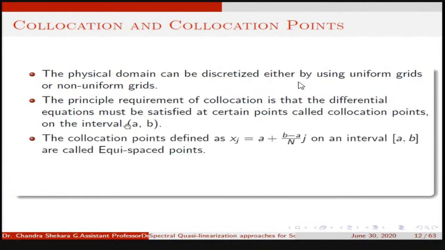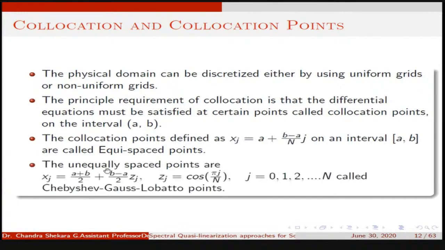So how do we discretize this interval AB? We can use collocation points like this: x_j = a + ((b - a)/n) * j in the interval AB. These points just increment by (b - a)/n each time, so we get equispaced points.